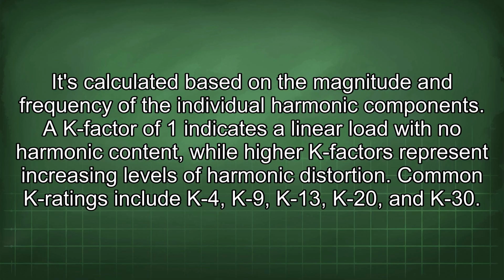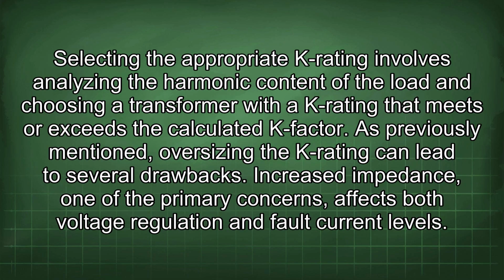Common K ratings include K-4, K-9, K-13, K-20, and K-30. Selecting the appropriate K rating involves analyzing the harmonic content of the load and choosing a transformer with a K rating that meets or exceeds a calculated K factor. As previously mentioned, oversizing the K rating can lead to several drawbacks.